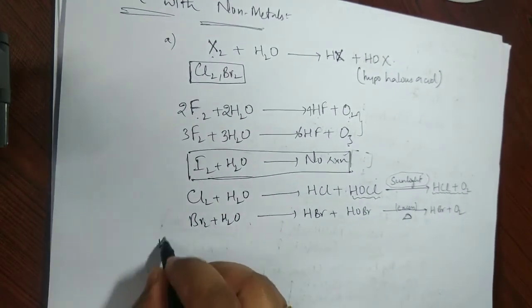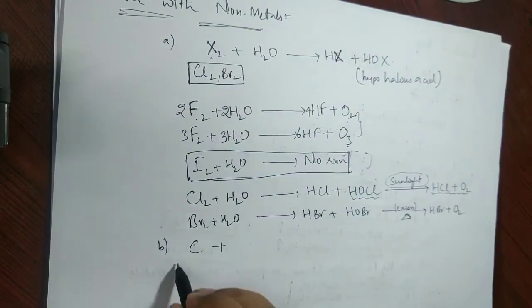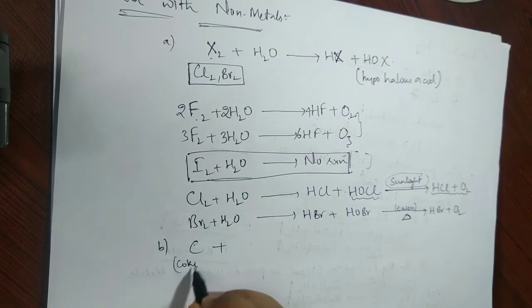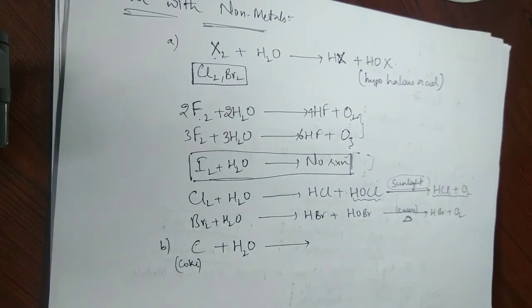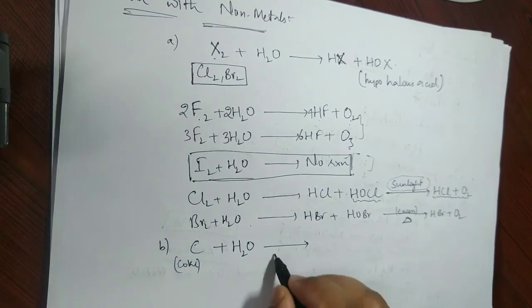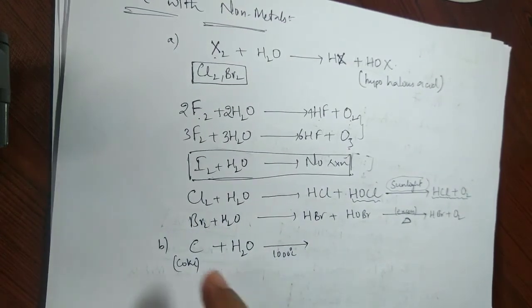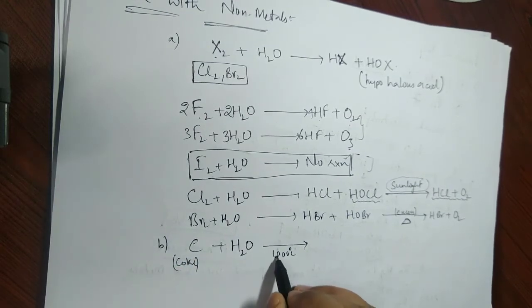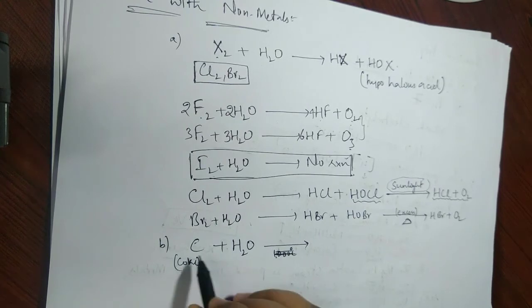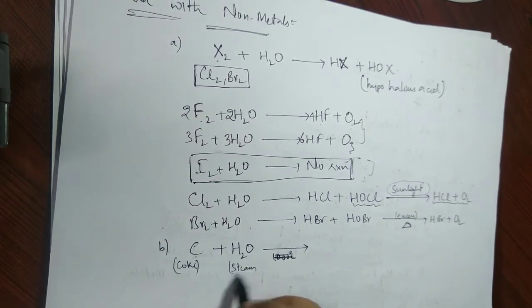And with the non-metals, the non-metal carbon, that is coke. Coke on treating with water, what do you guess? We have done this at 1000 degrees Celsius. Coke generally is obtained at 1000 degrees Celsius, right? So what we observe, coke on reacting with steam, what do you get?